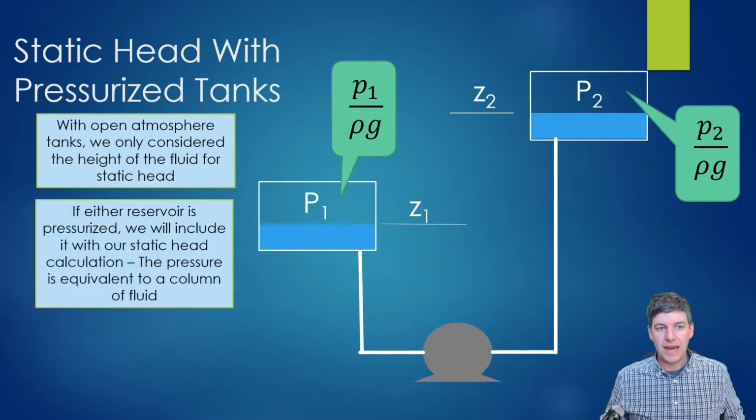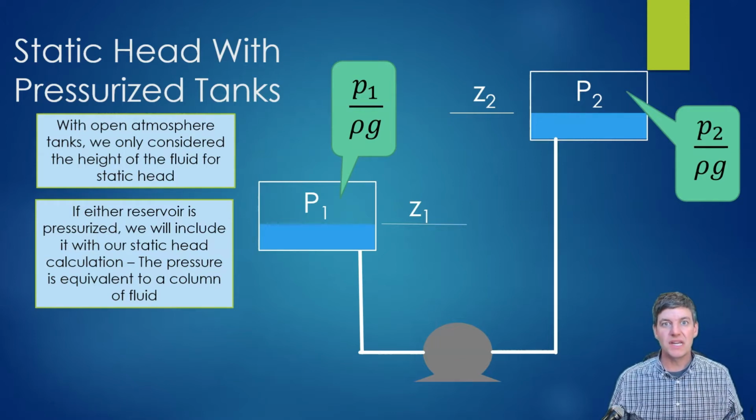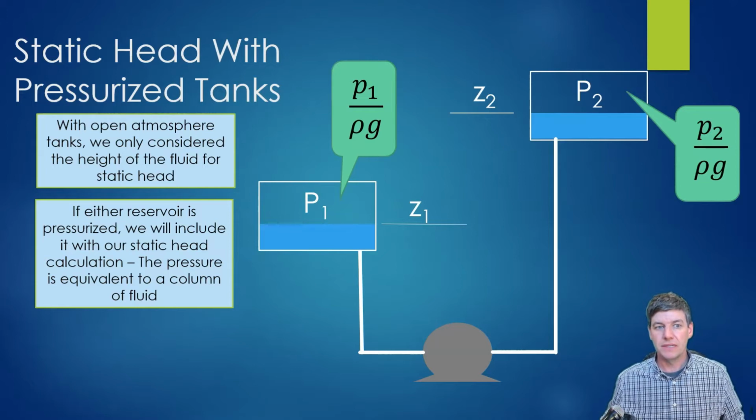However, once we add in the idea that a reservoir could be pressurized, that pressure comes with an equivalent column of fluid. And so when we calculate a static head with pressurized tanks, what we want to do is include the pressure that might exist at either of the tanks as an equivalent column that's going to add to our static pressures or static heads.